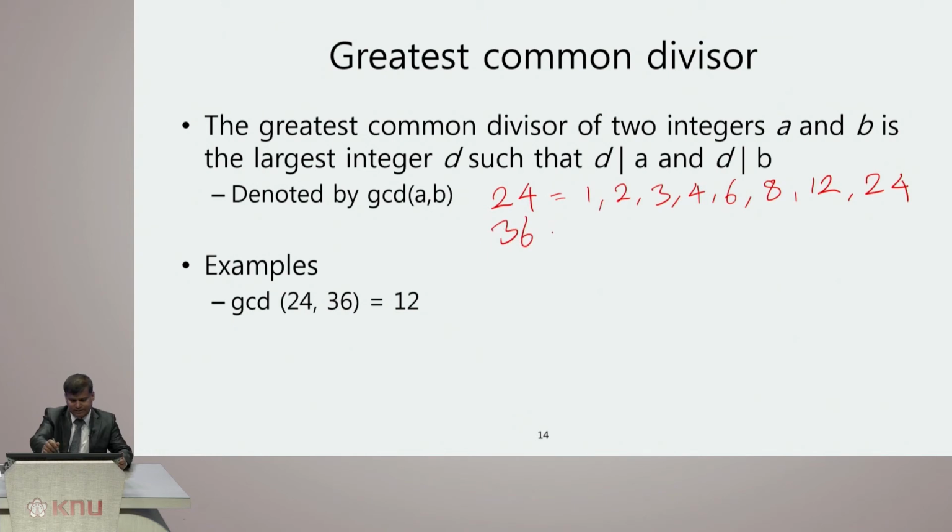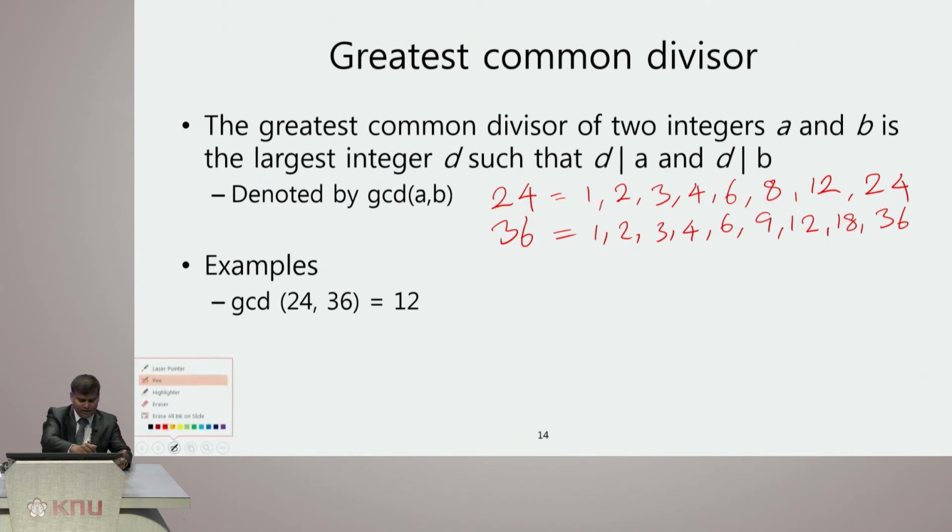For 36, again you have 1, 2, 3, 4, 6, 9 and 12, 18 and so on. Among the lists that you have in hand, we can clearly see that the common divisor that is greatest to both is 12. The greatest common divisor of both these numbers is 12.